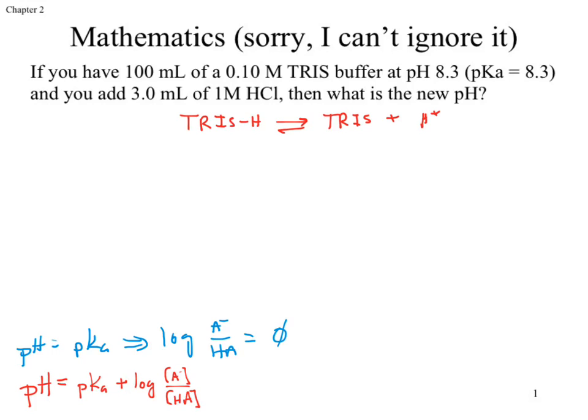We're just going to react our acid with the tris. So what we're looking at is ultimately a new equation. We've got our tris plus our acid goes directly to our tris H.